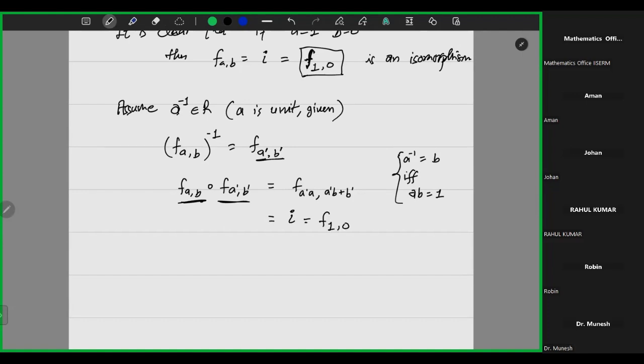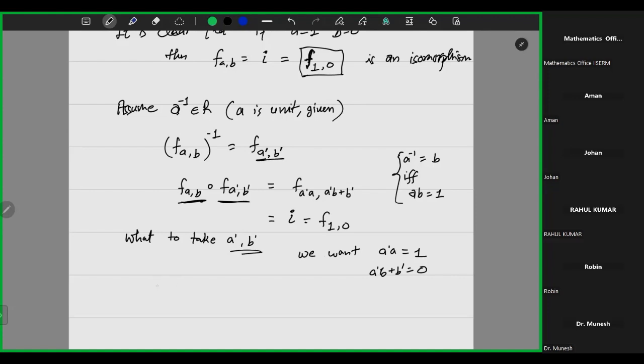So what to take for a', b'? Guess what we want. a'a is equal to 1, a'b plus b' is equal to 0, right?